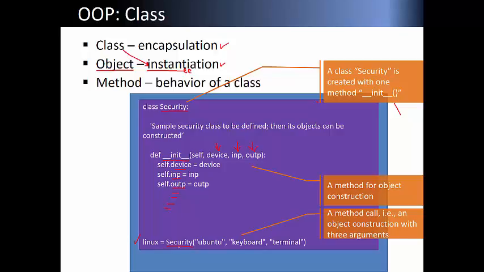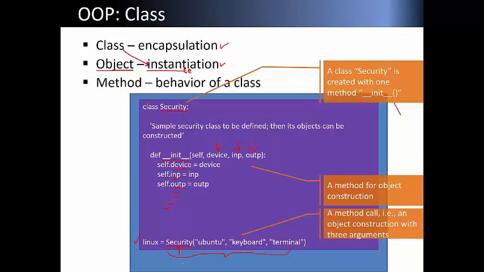When this class is called with the parameters as defined in the init function, this function is executed. The output of this function execution is instantiation, which is an object. So the object is created by this.